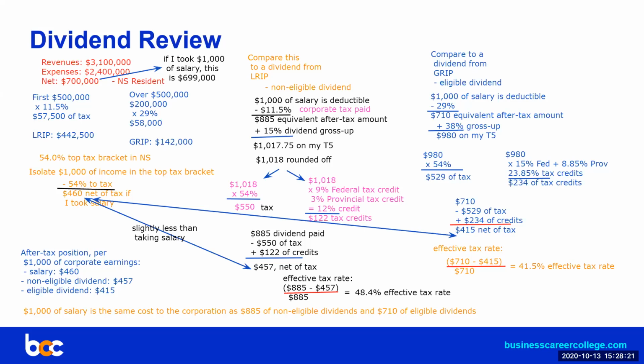$415, what you have net of tax, Esther. Right? I've got 415 net of tax. And I have that in the bottom left too, Esther. You see the blue, the bottom left? You with me, Esther?